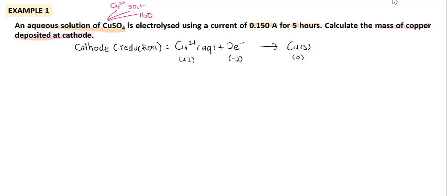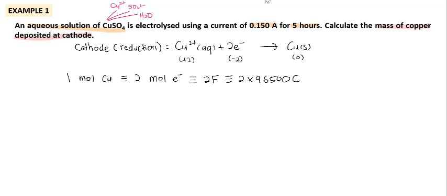From this half cell equation, we can see that every 1 mole of copper is equivalent to 2 moles of electrons. 2 moles of electrons is equivalent to 2 Faraday. 2 Faraday is equivalent to 2 times 96500 coulomb.